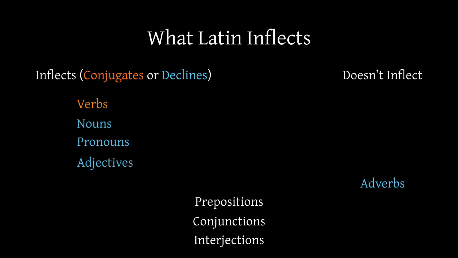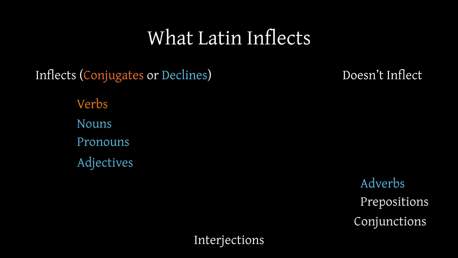So ultimately, we're going to give adverbs the blue decline color, but we're going to put it in the column with doesn't inflect. Prepositions, conjunctions, and interjections never inflect. They are always one form, and hopefully that's good news.